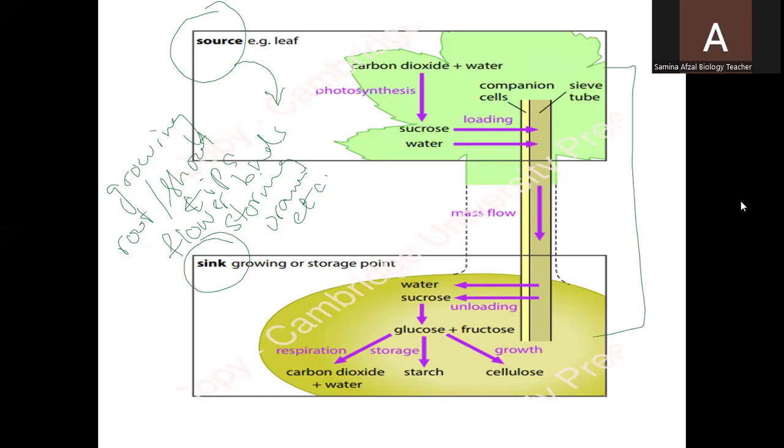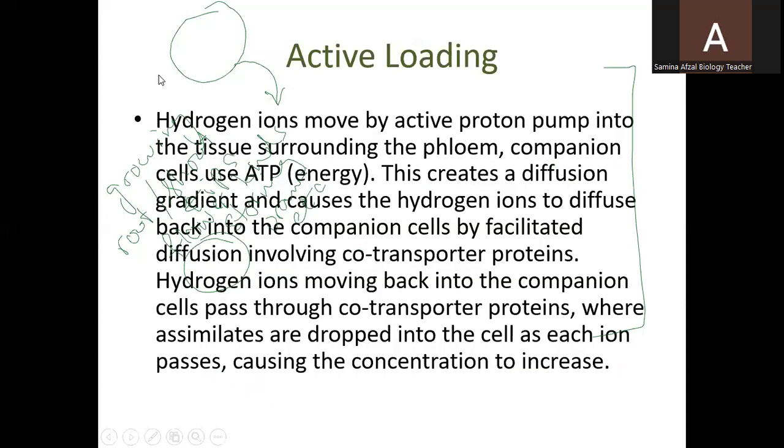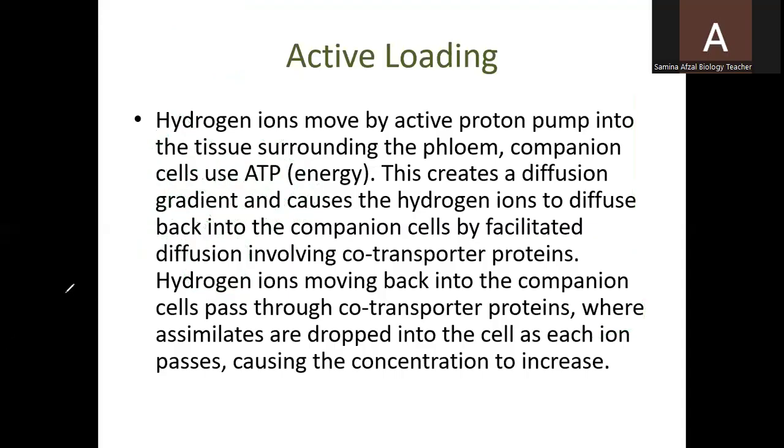The process by which this transportation, or translocation, takes place starts when hydrogen ions move by active proton pumps into the tissue surrounding the phloem companion cells. They use ATP for this purpose when they move out by active proton pump.